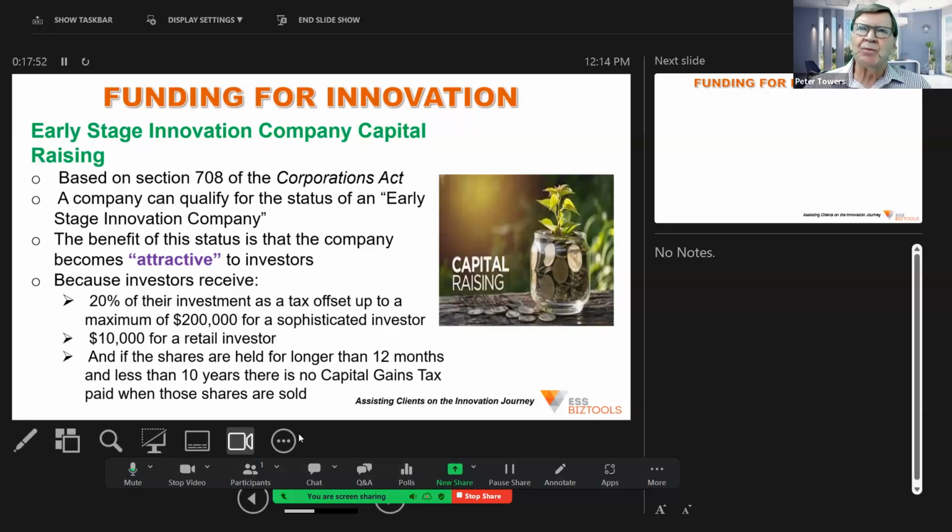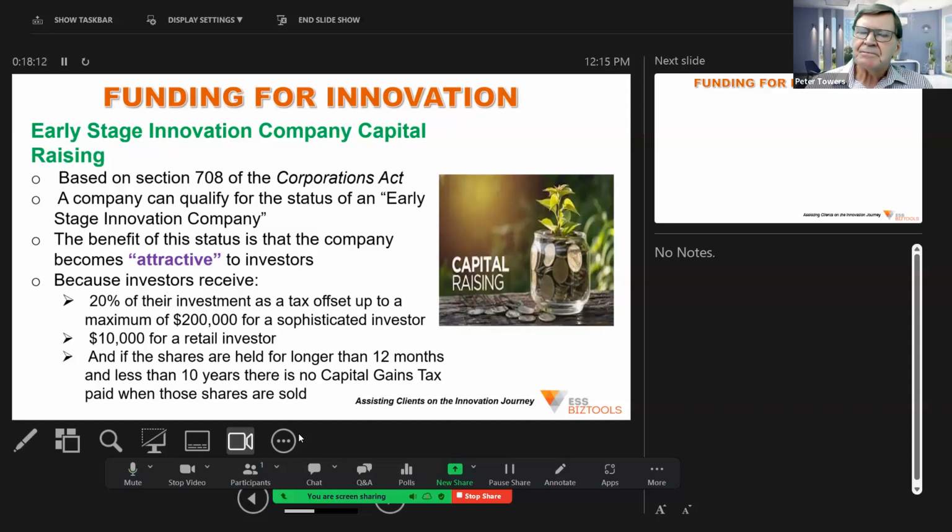And I assume that when the government has finalised their plans on the replacement to accelerating commercialisation grants, that new grant will then be factored into the early stage innovation company legislation.